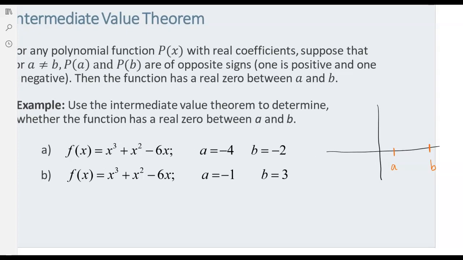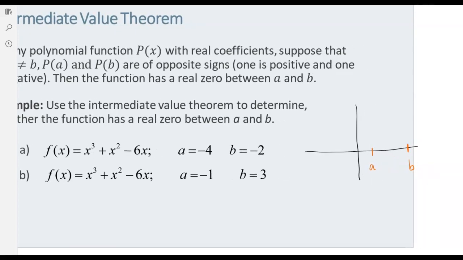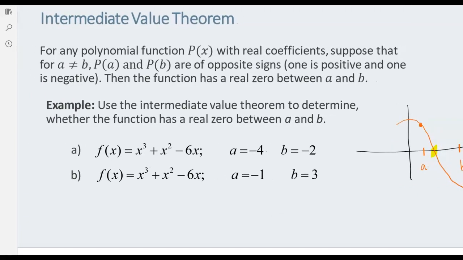And when I look at the output value for A, if one of them is up here and the output value for B is here, and I'm looking at a polynomial which is a smooth graph, it's just telling me that there has to be a 0 in between A and B. That if one of the values is positive and one of the values is negative, the graph has to cross the x-axis at some time. That's all that it's saying.